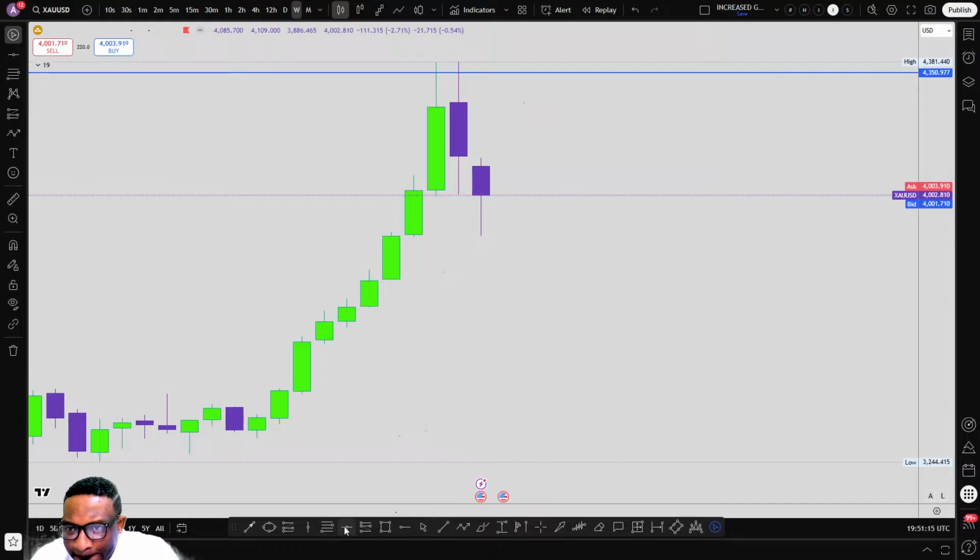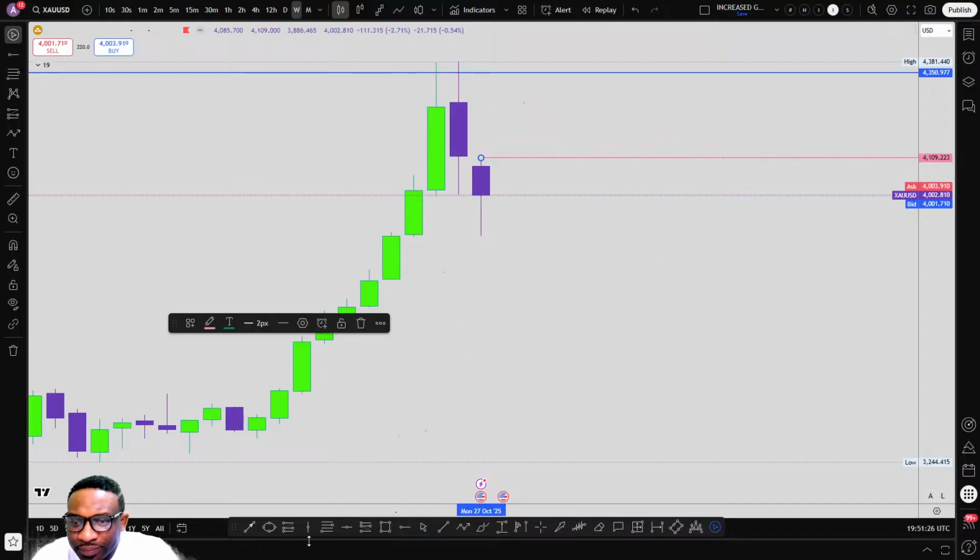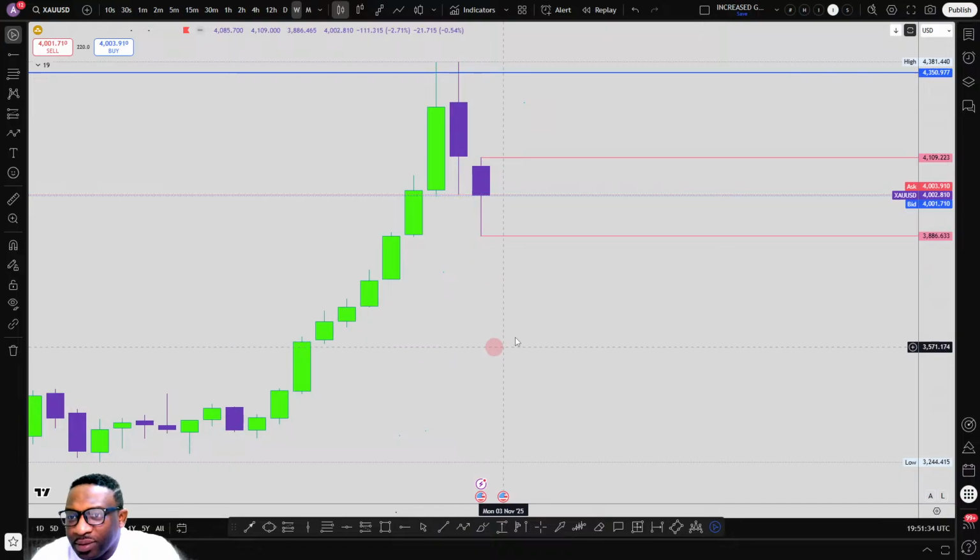So now, the same thing we did earlier on: this is the high of the previous week, if we want to get a narrow range to trade with, and this is the low of last week. That gives us some kind of range to deal with, the dealing range.